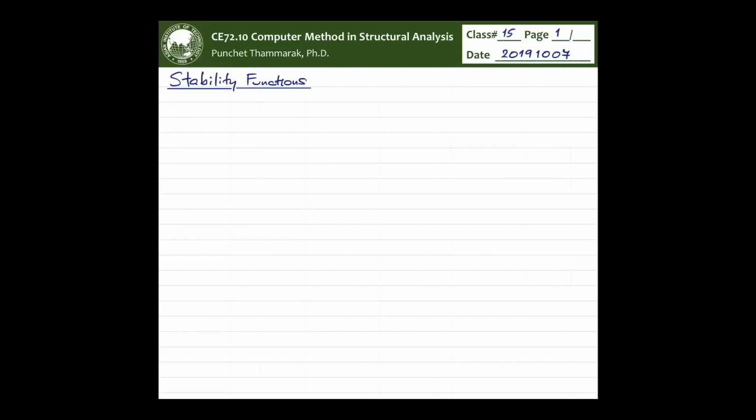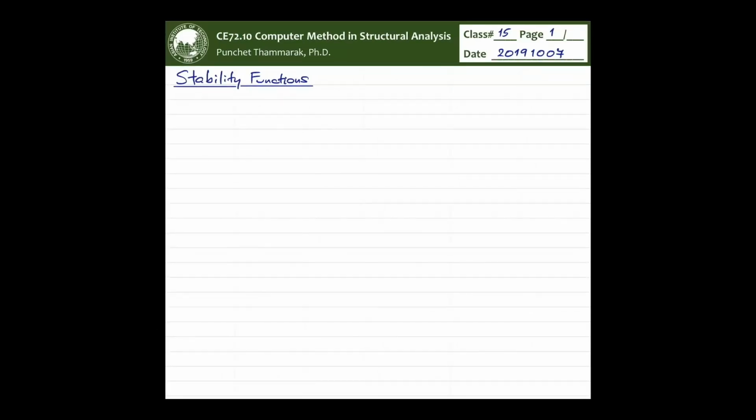So we will look at the beam. First of all, we have a beam. Well, you just think about what we did in the first few classes. We try to obtain the stiffness, all right? Nothing more than what we used to do. We try to obtain the stiffness of the beam.